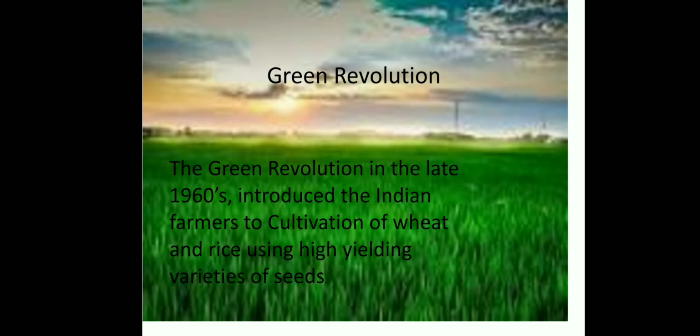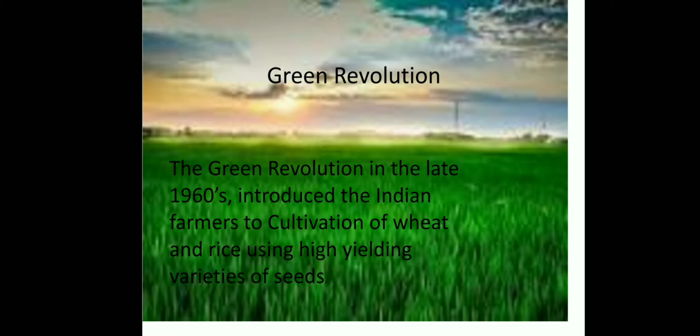In 1960s, India was on the verge of mass famine and he and other scientists developed high-yielding varieties of seeds of wheat and promoted sustainable development, and he came to be known as the father of Green Revolution.